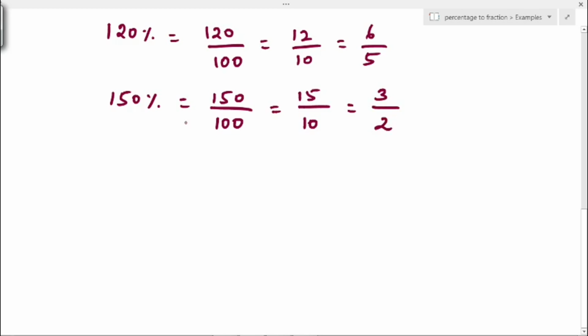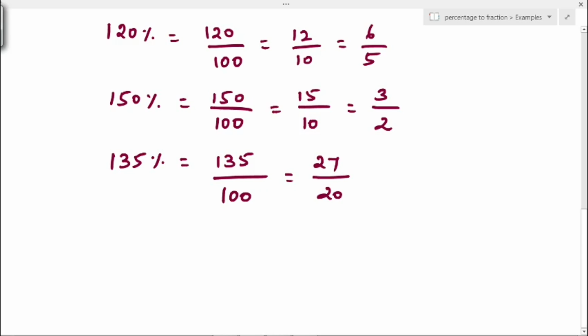So the fraction value of 150% is 3 divided by 2. If we have 135%, this 135% can be written as 135 divided by 100. The numerator ends with 5, so this is divisible by 5. Similarly, 100 is also divisible by 5. So if you divide it, you will get 27 divided by 20.